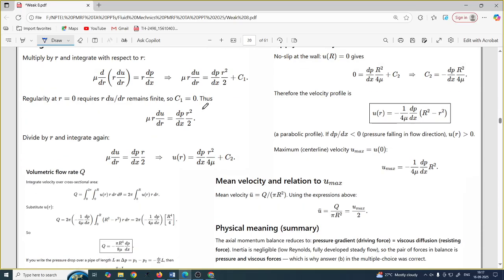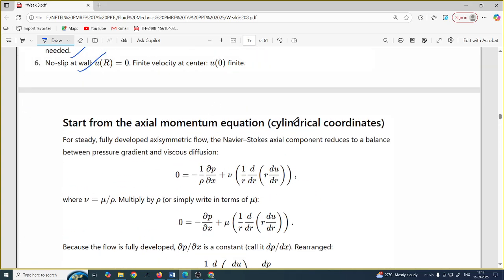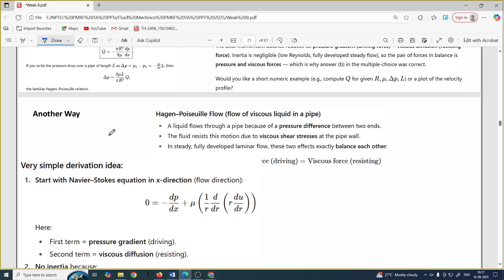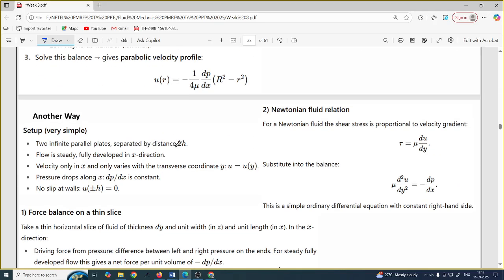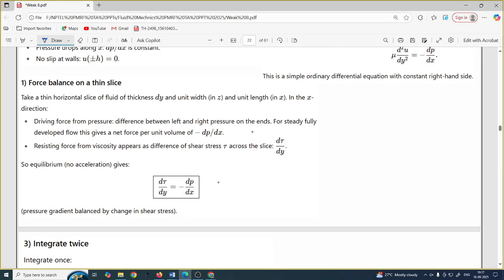Based on the cylindrical coordinates I have the solution, and I have another way also, a very simple way. How? You just equate these two forces. As you have told, option B is correct, means the pressure gradient and your viscous force are equated. So once you equate these two things, what you will get?